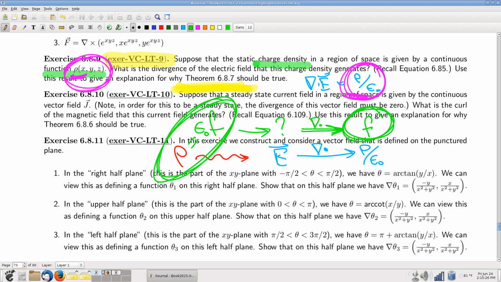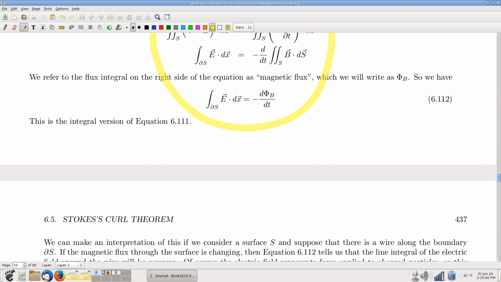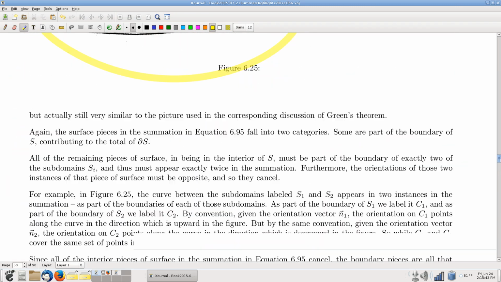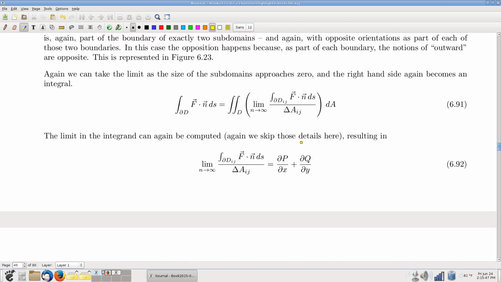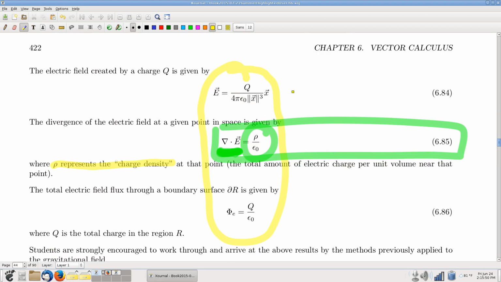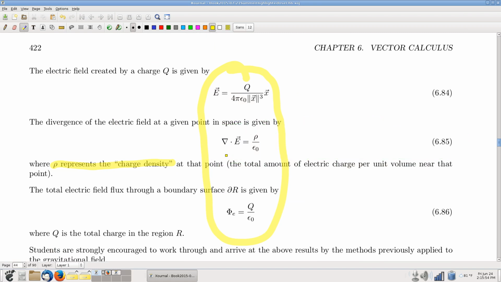But there's kind of this feedback phenomenon that, if you look at, let me go way back now to equation 685. Yeah, this equation here. Looking at that equation, the electric field was created by the charge density, but the arrow in some sense goes the other way here, that the charge density, pretty much, there's a little constant there, is the divergence of the electric field.